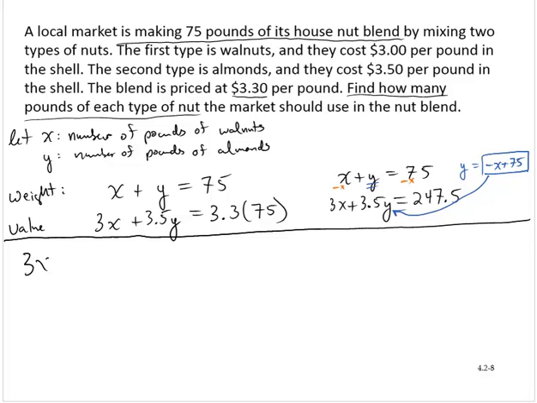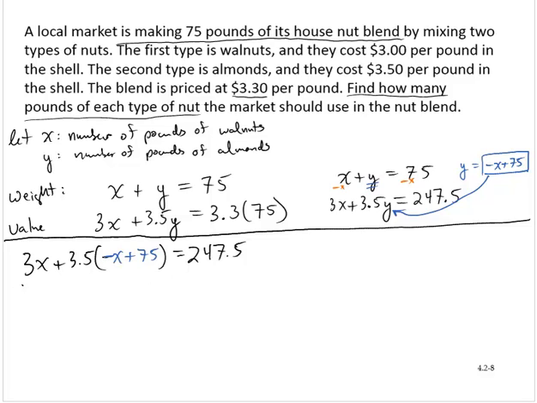Yielding 3x plus 3.5 by negative x plus 75 is equal to 247.5.